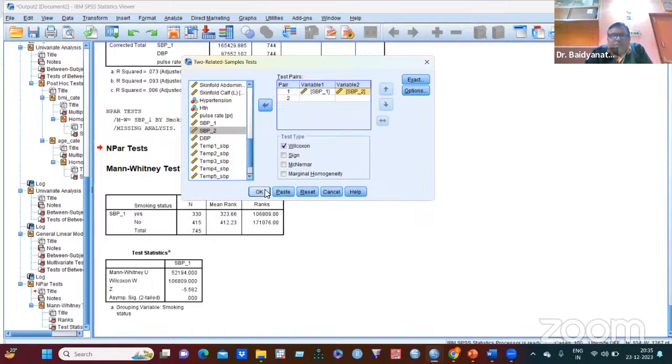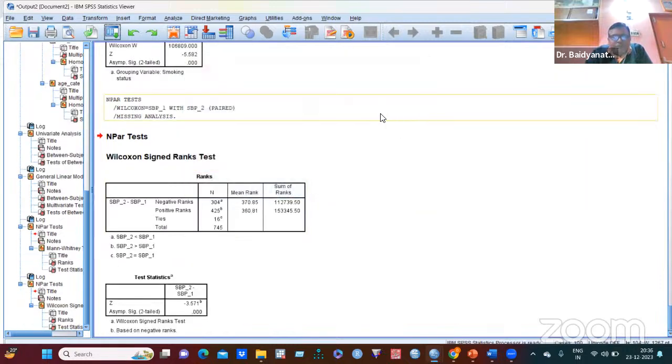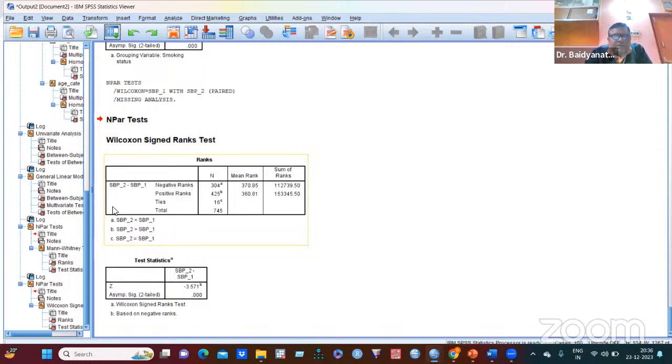Then okay. Check here. SBP, the ranks are negative, and this is the Z value. This is also significant. So the two measurements of systolic blood pressure have a significant difference. The same results are there also, but the method is different.